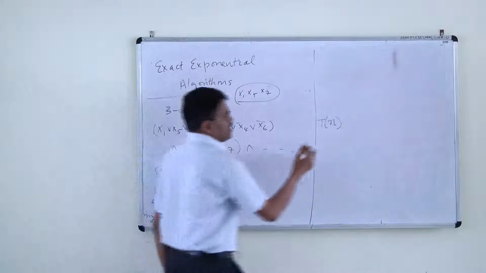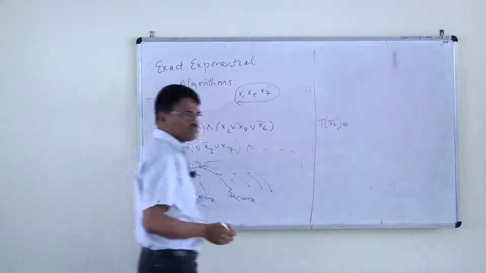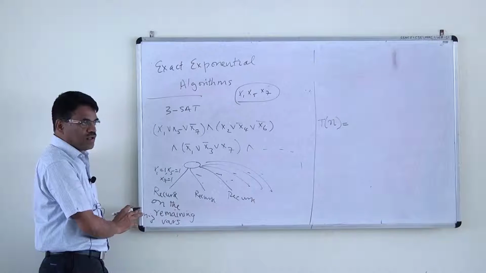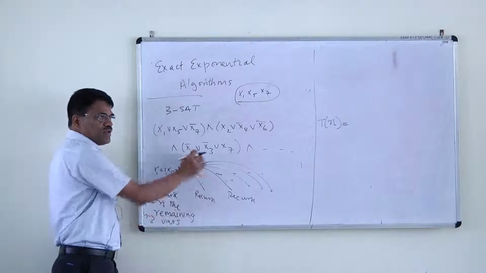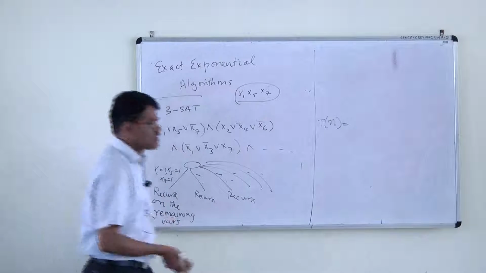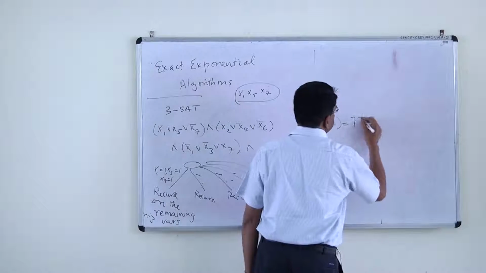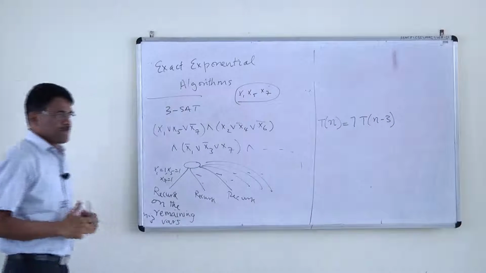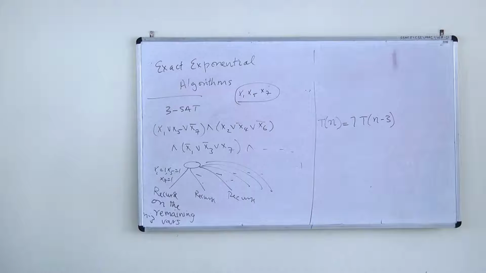So T of n is what? T of n minus 3 plus T of n minus 3 plus T of n minus 3, 7 times T of n minus 3. There is one variable, you just set it to assign that and stop. That's sort of the base case. So what is the solution to this? You can keep expanding it and figure it out.